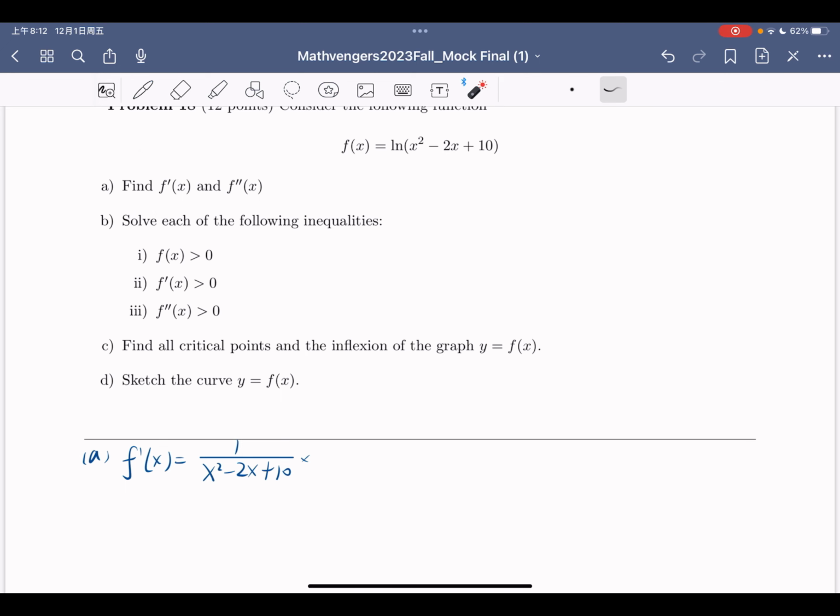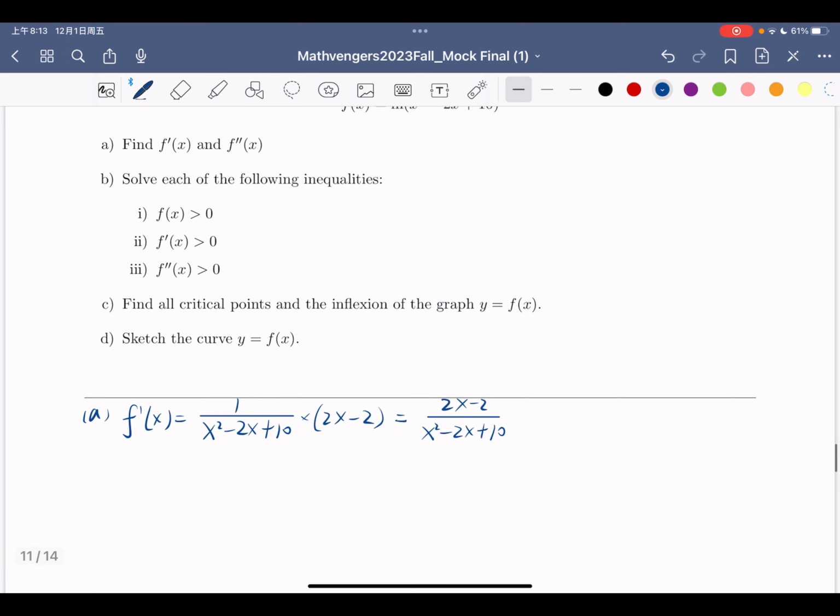Multiply with the derivative of the inner function, which is 2x minus 2. So we have (2x minus 2) over x squared minus 2x plus 10. This is the first derivative.